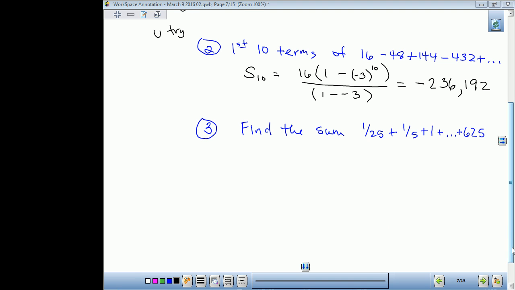Okay, so here we have a geometric series, and it's definitely finite because it ends at 625. So we can clearly see the first term is 1/25. We can find the common ratio. If you can't look at this and tell what it is, if you take a term and divide by the previous term, it always gives you the common ratio.